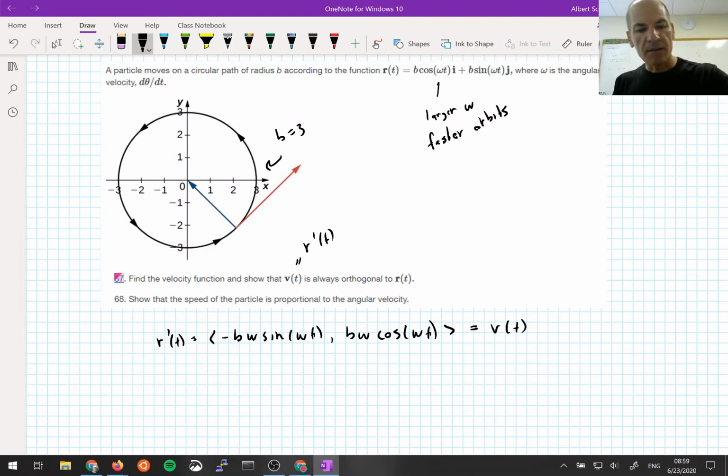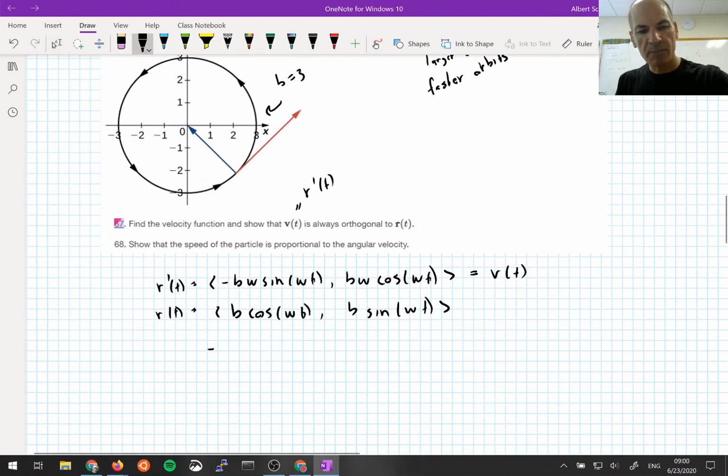Let's look at the dot product of that with r of t. So let's write r of t underneath, just to remind you. r of t is b cosine omega t, b sine omega t. And now look at the dot product.